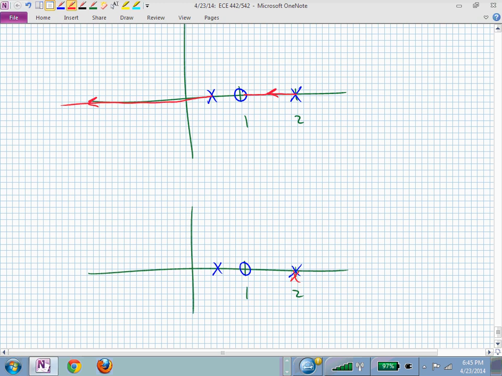At what angles? 180 divided by the pole zero excess, right? So now I have asymptotes at 90 and 270. The fundamental one's at 180 divided by 2, the pole zero excess. It's at 90, and the other one's, and where is the asymptote centroid going to be?